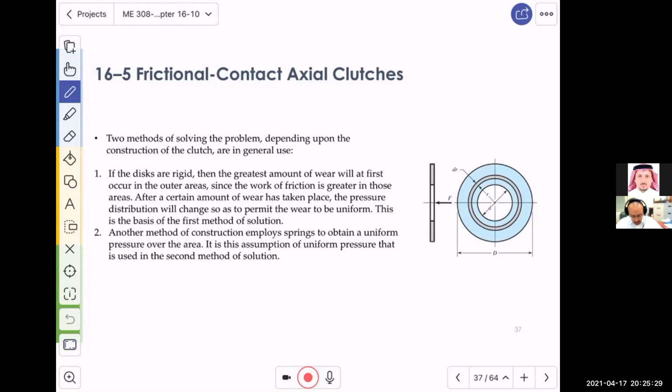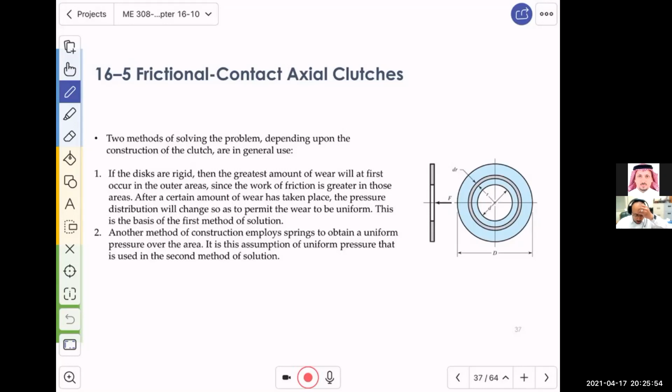There are two methods for solving the problem. Which problem? Determining the force required to reach a maximum pressure and the associated torque with it. Depending upon the construction of the clutch, in general we have two approaches.